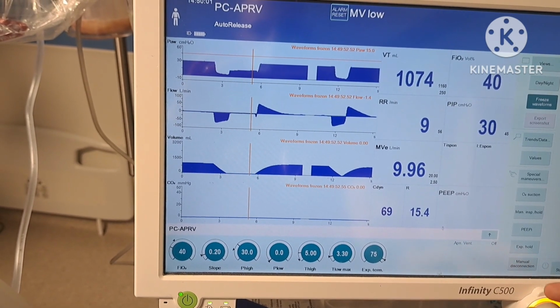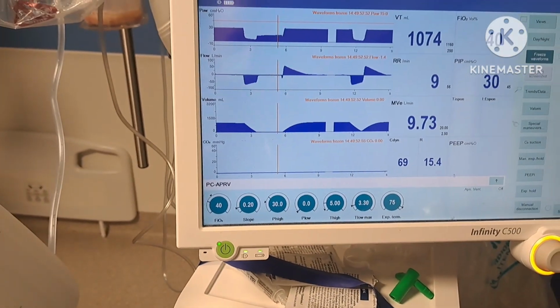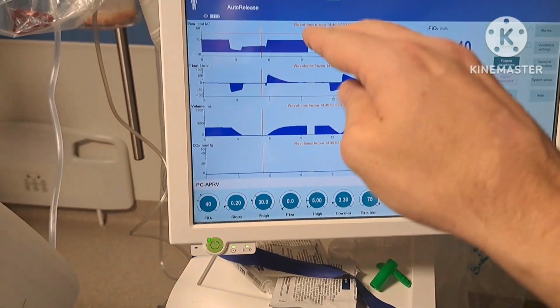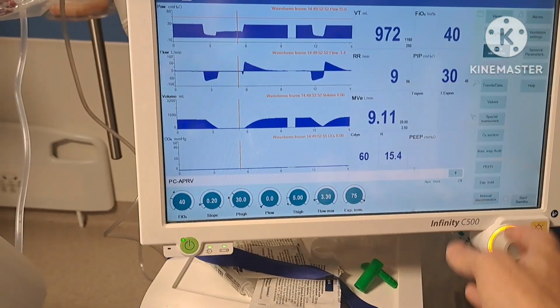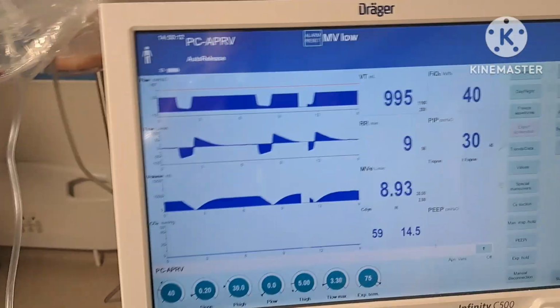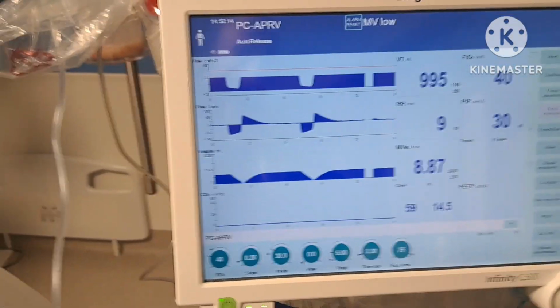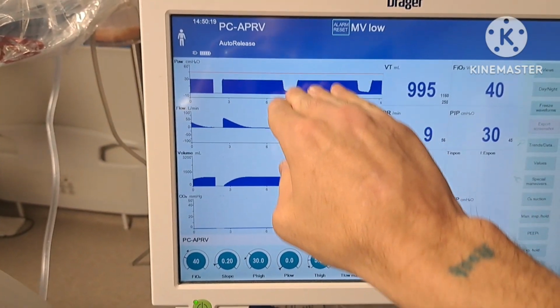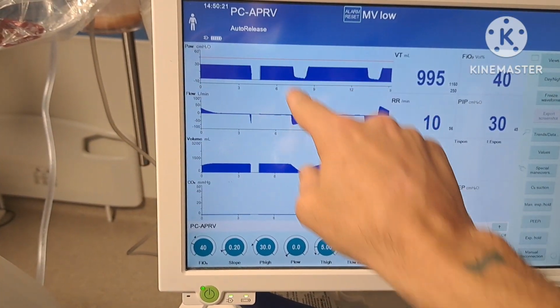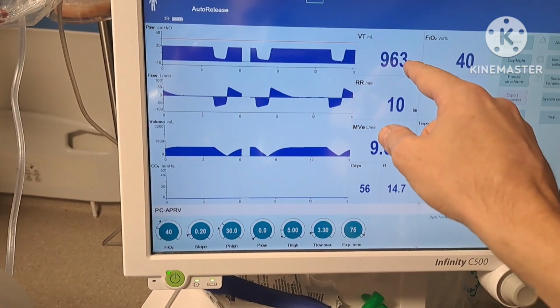There. So the P high is 30 and it's dropping to 15 as a P low. So there's a delta of 15. Understand that the volume here is all of the lung recruitment over 5 seconds. This is a passive release, okay? A passive release, and it's measuring that.